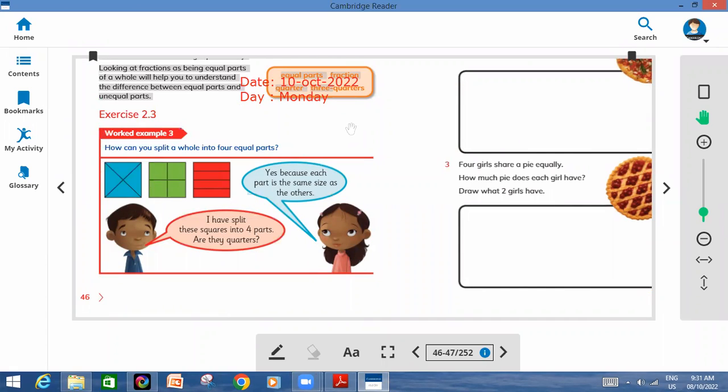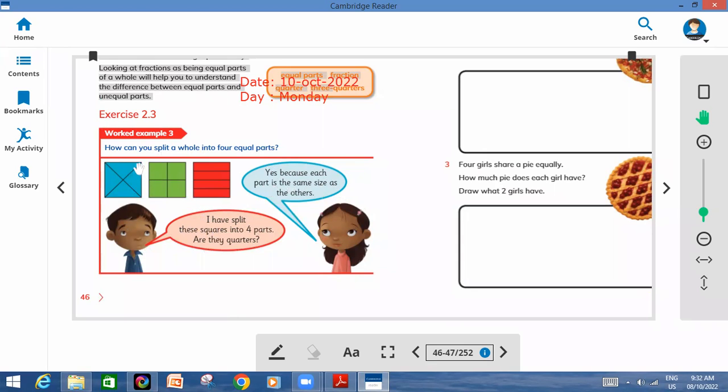How can we split a whole into four equal parts? I have split these four squares into four parts. Are they quarters? Yes, because each part is the same size as the other.